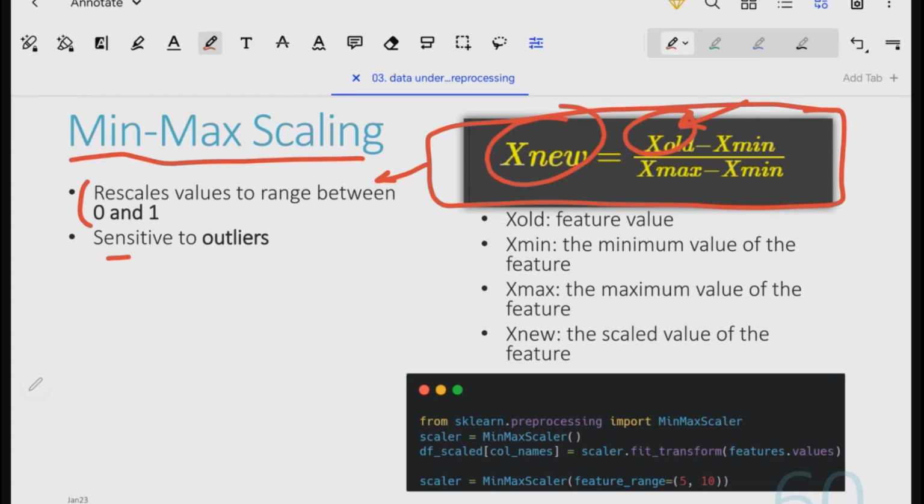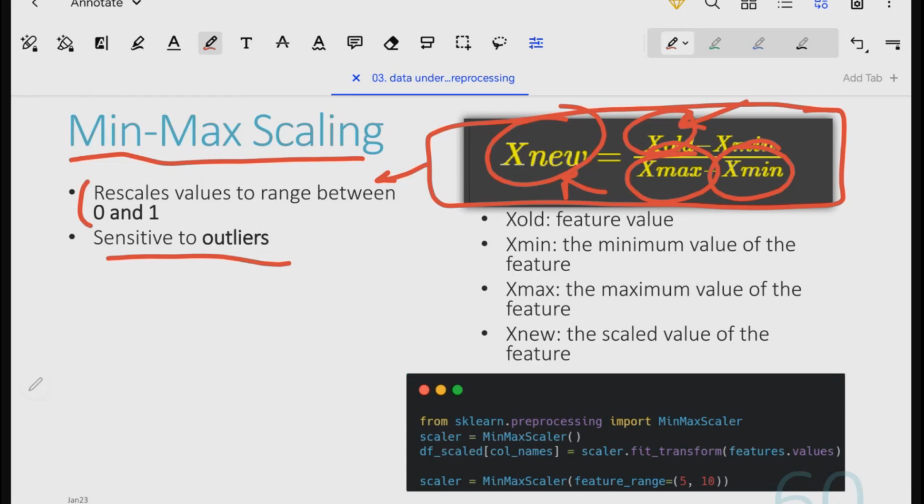Why is it sensitive? Because, if you look at the equation, it considers xmin and xmax. Outliers usually reside at the extreme places, either the maximum value or the minimum value. So while you are doing the transformation process, you are considering the outliers all the time, and x new is going to be affected by the outliers. In other words, if you suspect your data has a lot of outliers, don't apply min-max scaler.